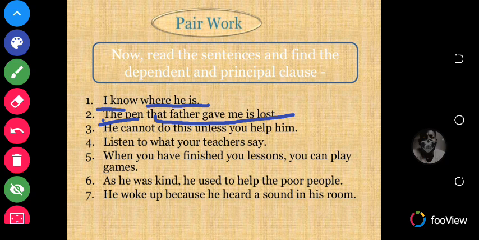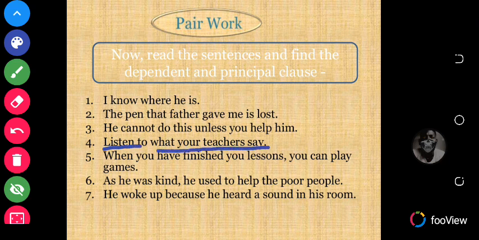Example 3. He cannot do this unless you help him. He cannot do this is the main clause. Unless you help him is the subordinate clause. Example 4. Listen to what your teachers say. Listen to is the main clause.